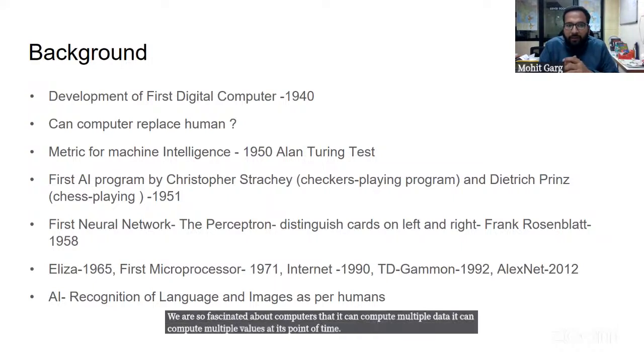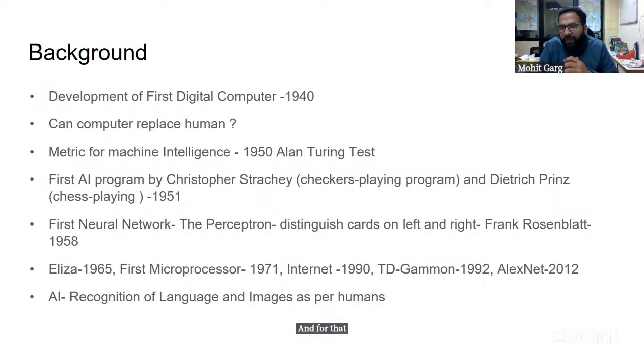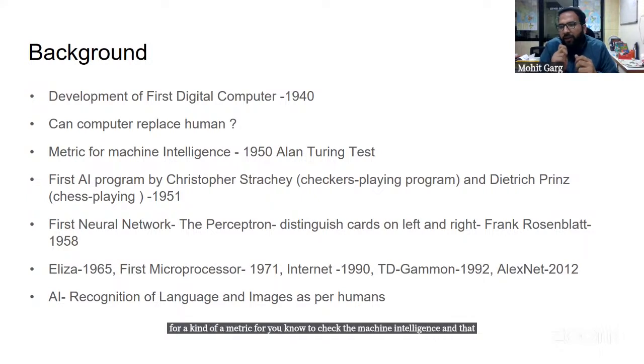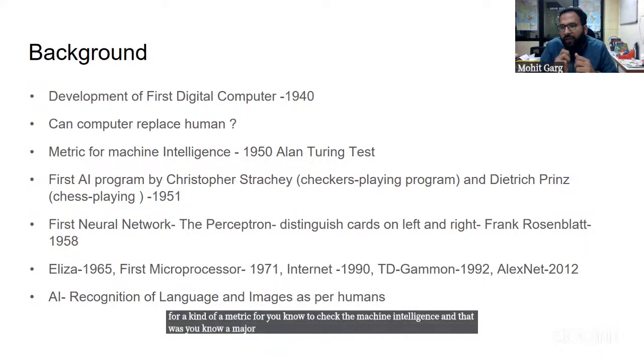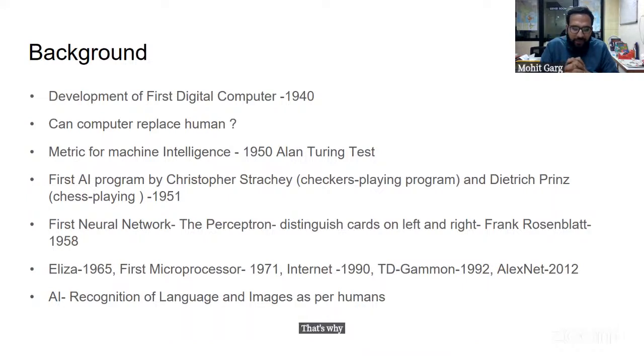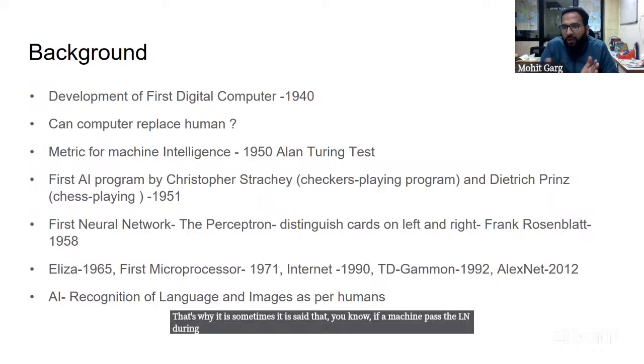And for that, in 1950, Alan Turing came up with a test, a kind of metric to check machine intelligence, and that was a major breakthrough in AI development. That's why it is sometimes said that if a machine passes the Alan Turing test, it can be called an intelligent machine.